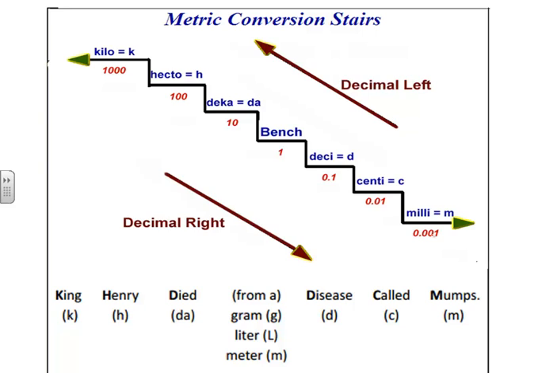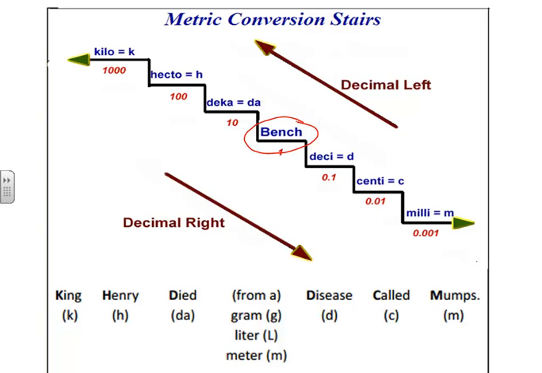So here is a way to visually help you to see this. We call this a metric staircase. If you look at the bench right here, this is our grams, our meters, our liters. This is our 0 point, so to say, and then everything goes down or up from there.